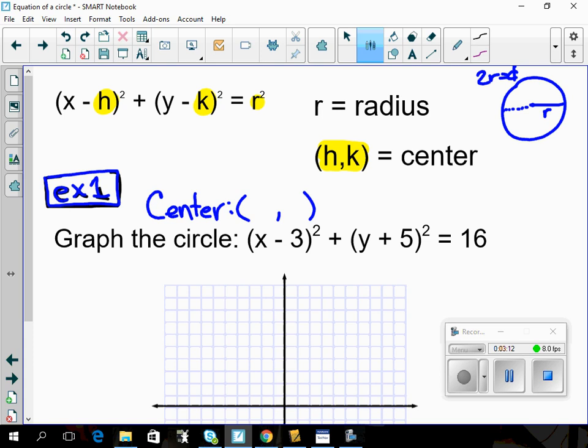It's going to actually be positive 3 and negative 5. Because it says in the formula, it's the opposite, doesn't it? Does that make sense? You're going to use the opposite values that you see in order to do your center.